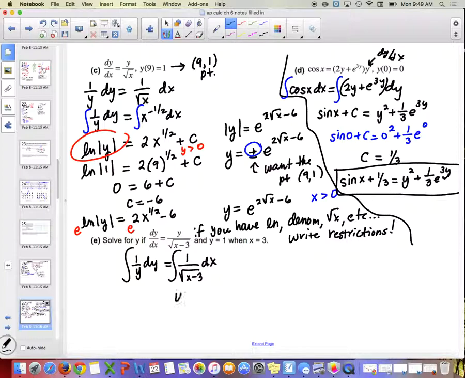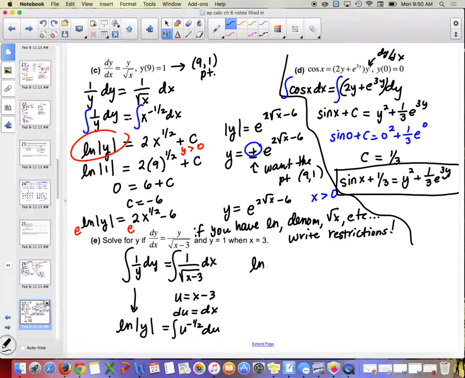On the right-hand side, it involves a u substitution. So we get 1 over square root of u, so u to the 1/2. Let me write it as u to the negative 1/2, the whole thing. So u to the negative 1/2 du. And then when I integrate the left-hand side, I actually have the natural log of the absolute value of y.